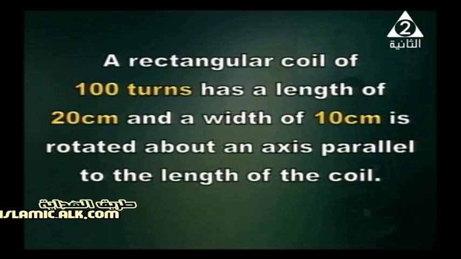Another problem, a rectangular coil of 100 turns. So number of turns on the coil is 100. The coil has a length of 20 centimeter and width of 10 centimeter. The coil is rotated about an axis parallel to the length of the coil.